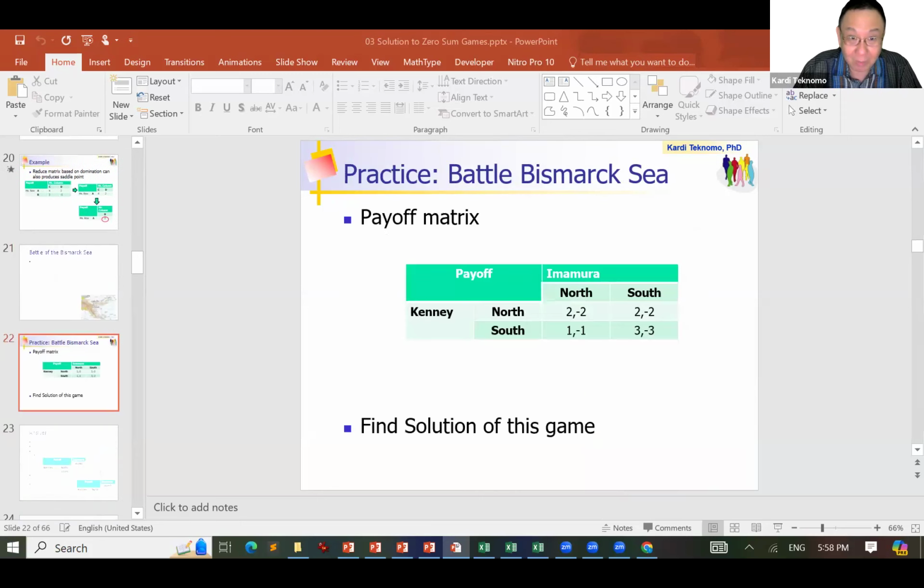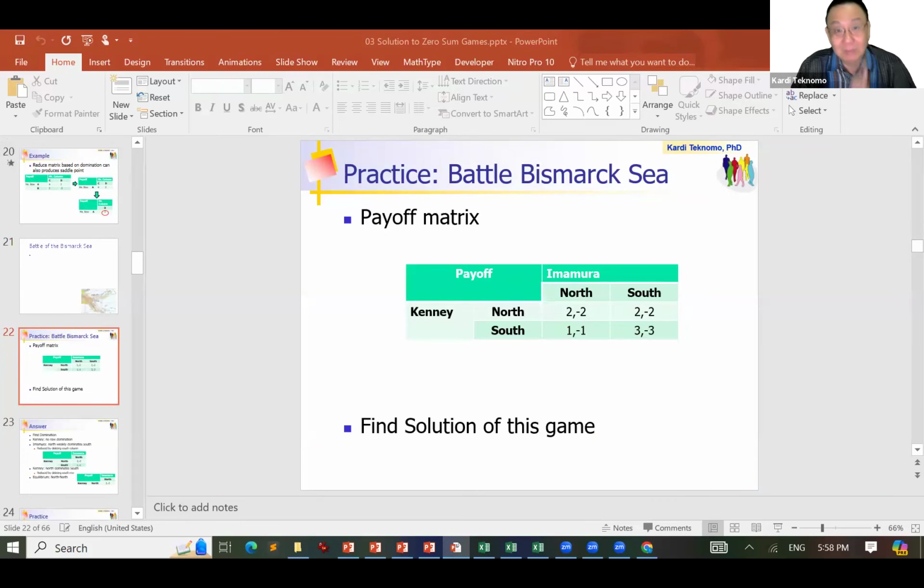Look at what happened. These are the number of days. The payoff matrix represents the number of days for Kenney, and then on the column is General Imamura, deciding whether to use the north or the south. The first value is for Kenney and the second one for Imamura. But look at this game value.